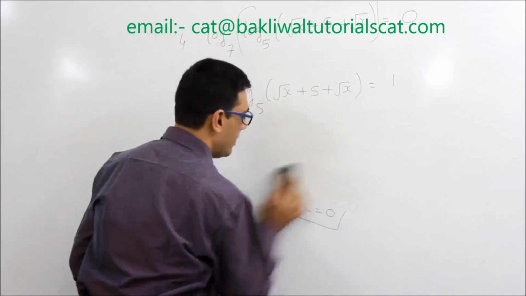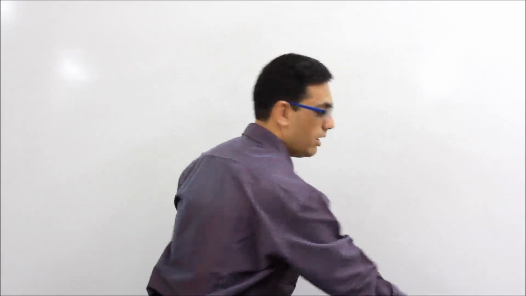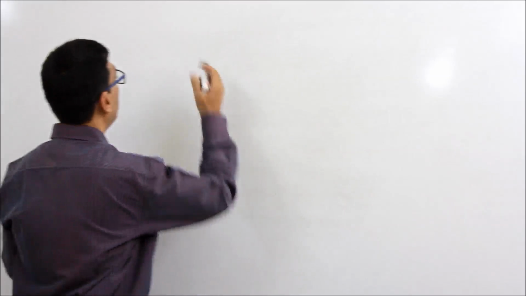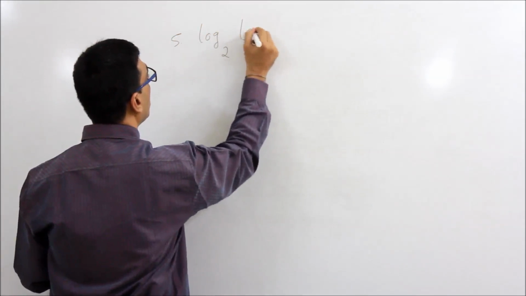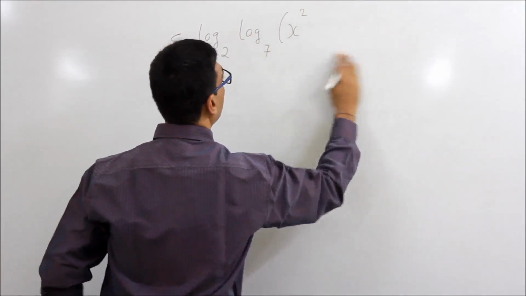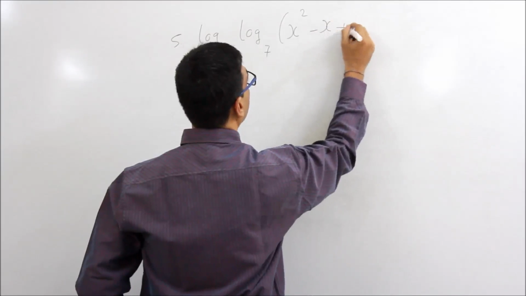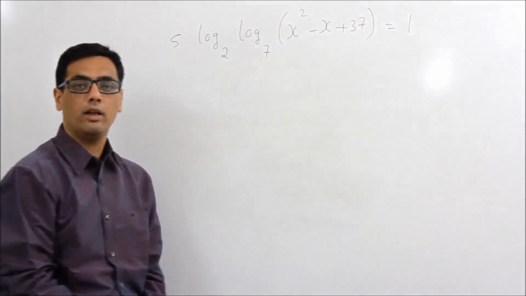So let's take the last problem which is exactly similar to question number 4. Very, very similar problem. It says log 2 of log 7 of x square minus x plus 37 is equal to 1.